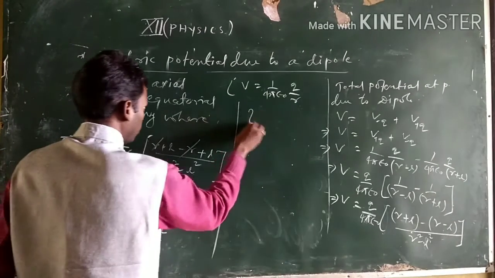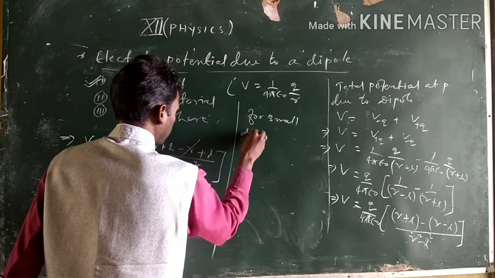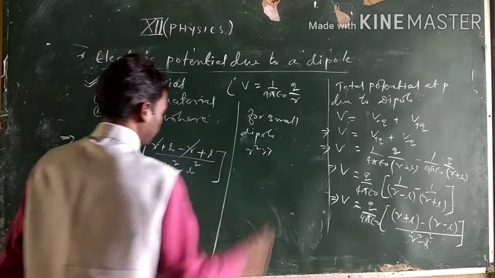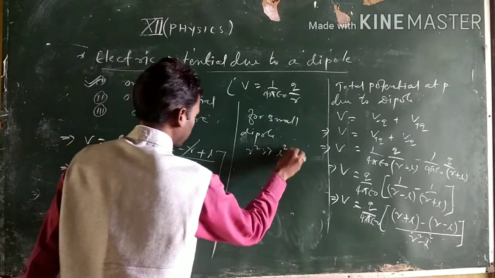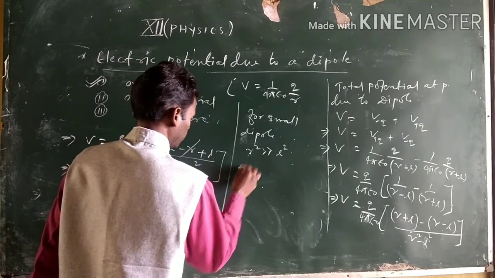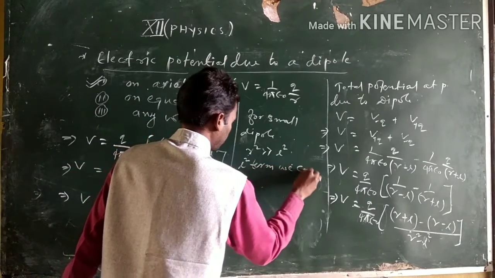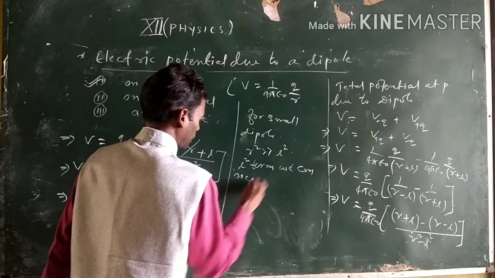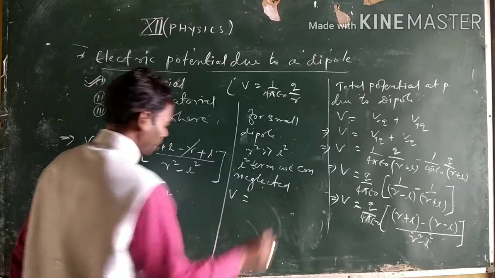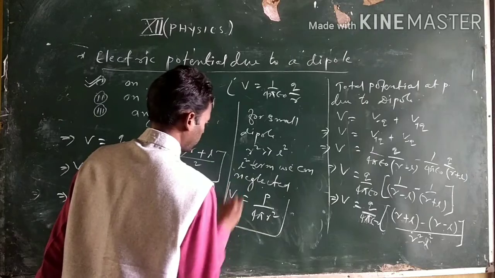Suppose small dipole, R square is much greater than L square, we can neglect it, right? The L square term we can neglect. Our potential then, here P divided by 4 pi epsilon naught R square will come, right?